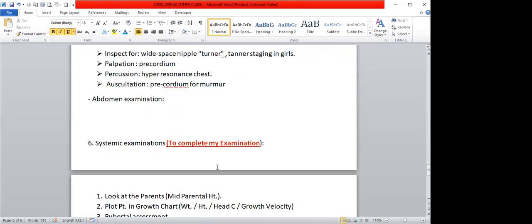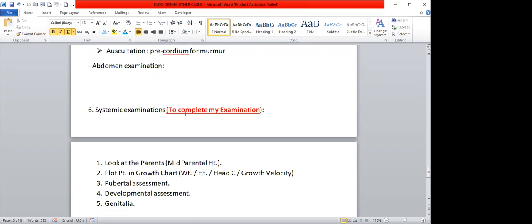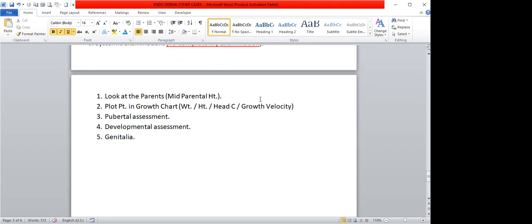Now, Dr. Abhishek, I'm coming to your point. The systemic examination, that is, I want to complete my examination by doing this. Without this, our station is not complete. And if we forget, definitely the examiner will deduct marks for this incomplete examination. What are those areas?